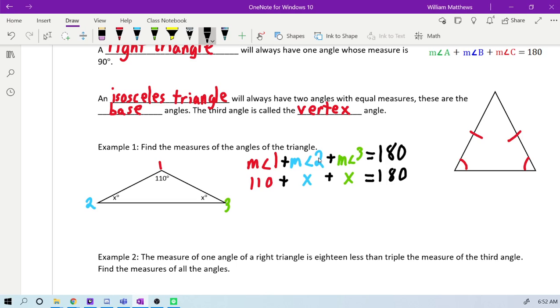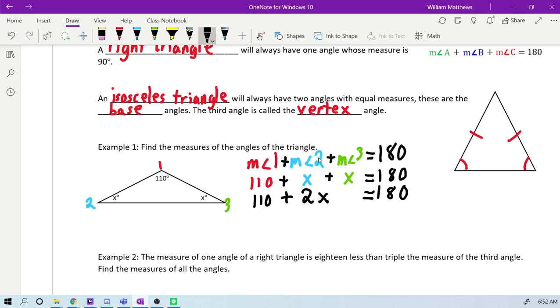Now that I have all the variables filled in, I can start getting away from the colors showing what I'm doing. I'm going to combine like terms. That still leaves me with 110. My x plus x is now 2x. And this will equal 180 still.